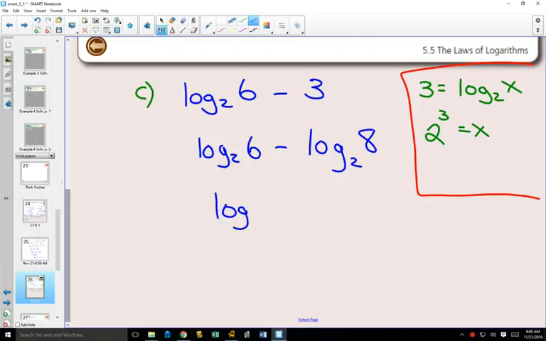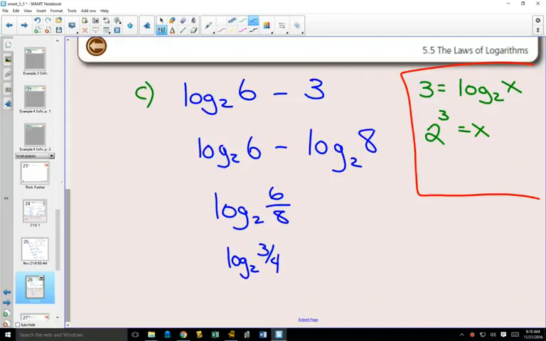And now we have a single log minus another single log. We can put that together as dividing. We can simplify it if we'd like. I mean, if you wanted to have fun with this, I could make one nasty multiple choice question out of this.